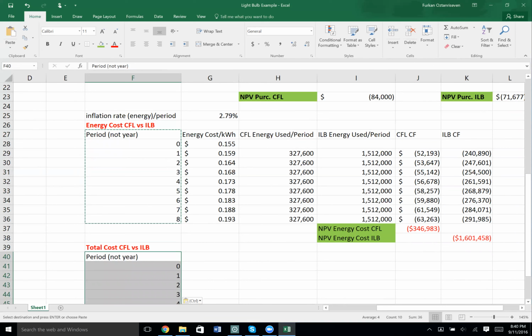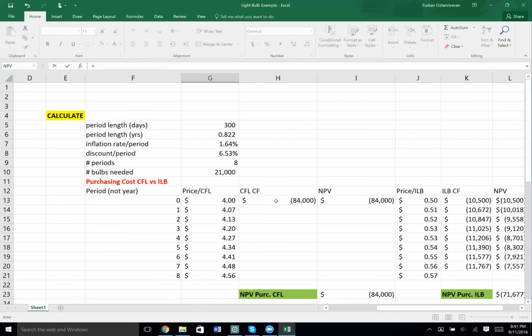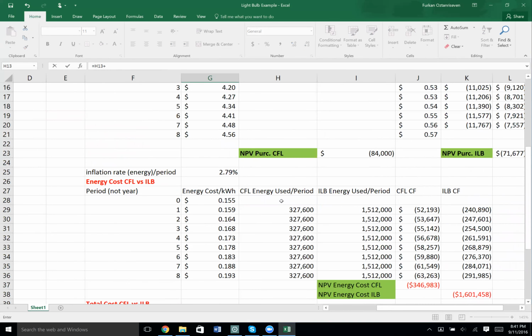So for CFL cash flow and ILB cash flow. So I can sum all the cash flows that are under purchasing costs here, plus all the cash flows for CFL right here.